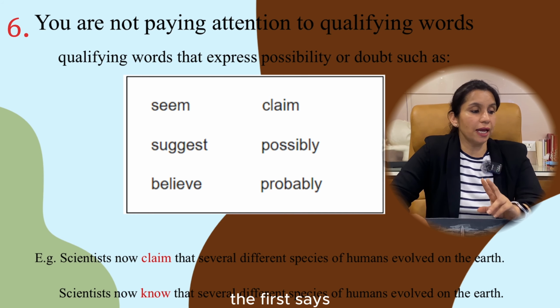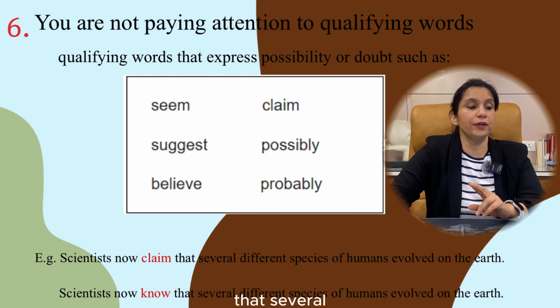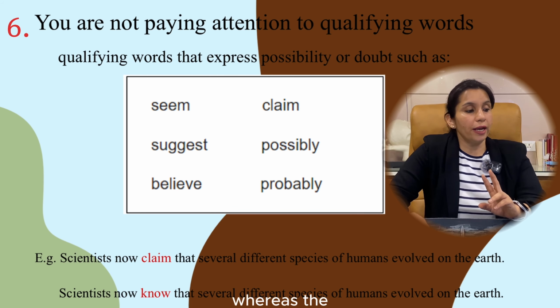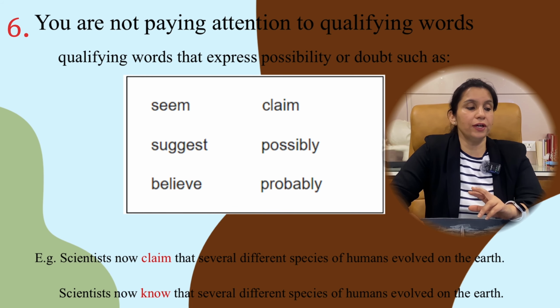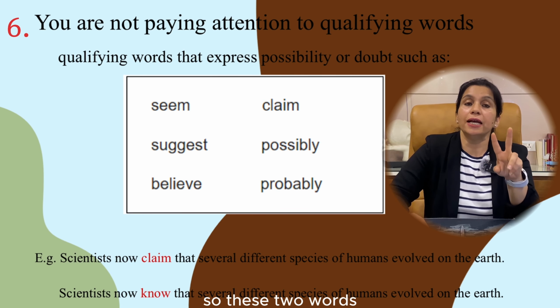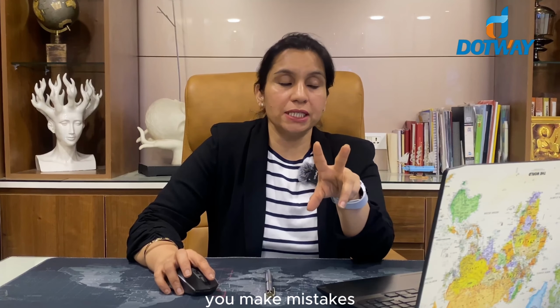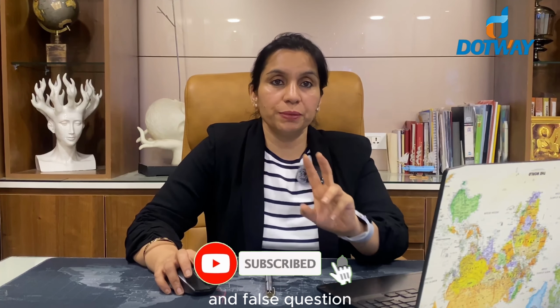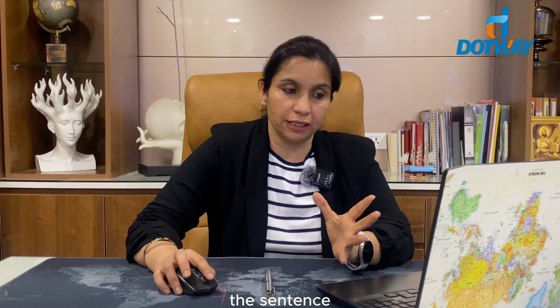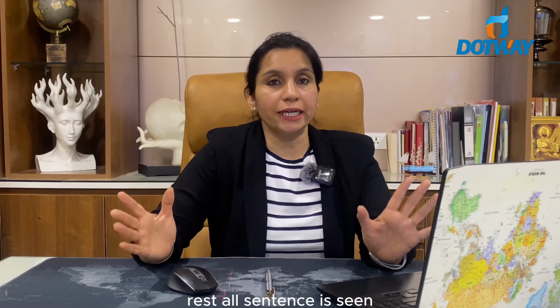The first says scientists now claim that several different species of humans evolved on the earth, whereas the second says scientists now know that several different species. So claim and know completely change the meaning of the sentence. This is how you make mistakes in true and false questions, because these two small words change the meaning of the sentence. The rest of the sentence is the same.